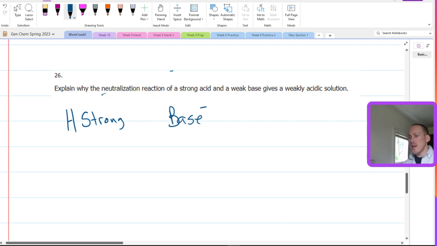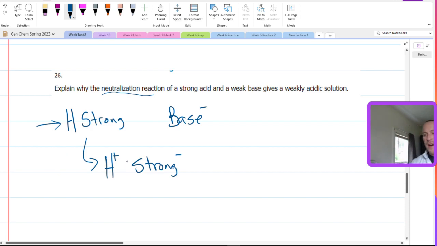When H strong goes into a solution, it becomes H plus and strong minus. But strong minus is a very bad base. It doesn't like getting a proton back. H strong, our strong acid, loves getting rid of a proton, so its conjugate base does not like getting one back. Whereas base minus, this weak base, is pretty good at picking up a proton.